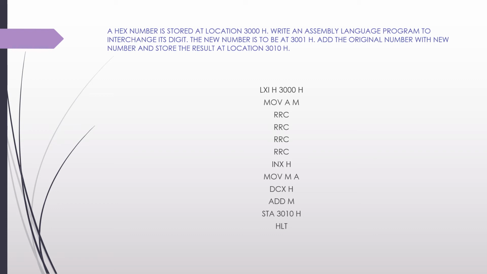Again, decrement HL pair, which means you go to 3000, because you want to add the 3000 data with the shifted data, or swapped data. So going to the previous location and adding M adds the contents of 3000 and 3001, and the same data in accumulator is stored at 3010 using STA 3010, and then the end of the program.